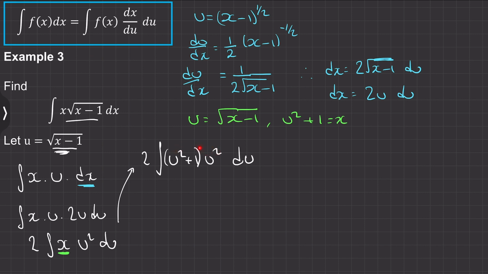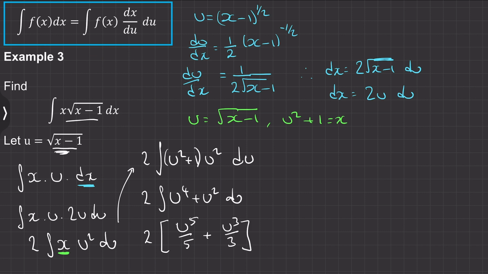We'll expand these brackets out. So we have 2 times the integral of u to the 4 plus u squared du. And we can integrate this as 2 lots of u to the 5 over 5 plus u to the 3 over 3 plus the constant term.